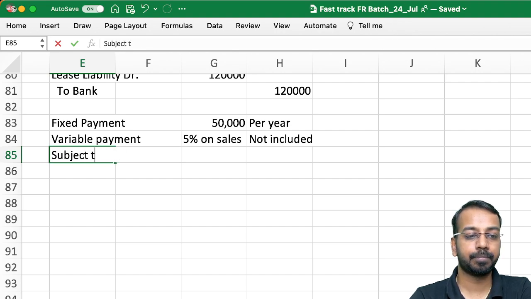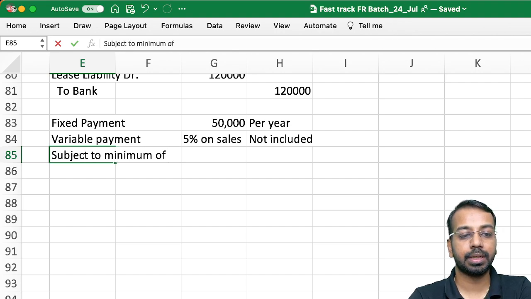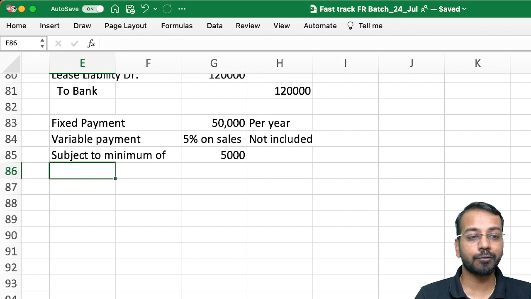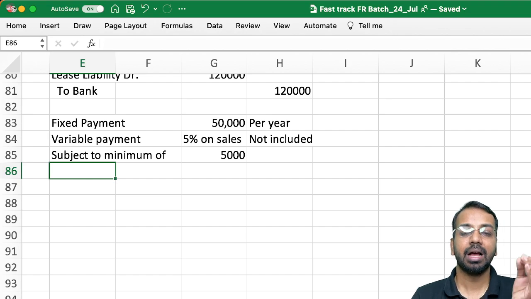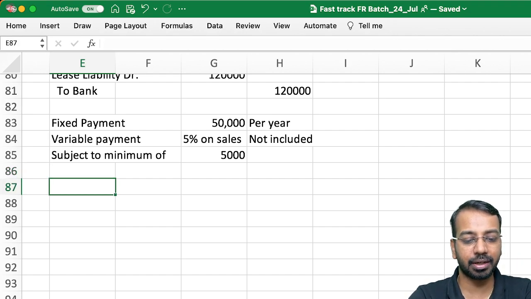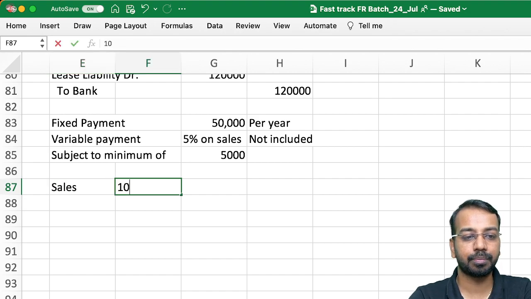minimum of 5,000. What does this mean? Whether or not I make any sales, 5,000 has to be paid to the owner. But let us say in a month or in a year, sales are 2 lakhs.